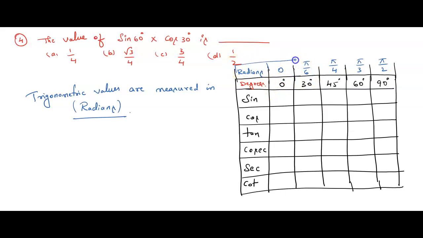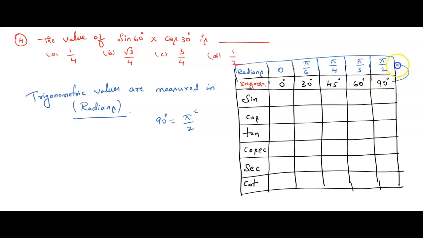So this is the logic. 90 degree can be written as pi by 2 radian. 60 degree means pi by 3 radian. 45 degree is pi by 4 radian. 30 degree is pi by 6 radian. 0 means it is 0 itself. Understood?